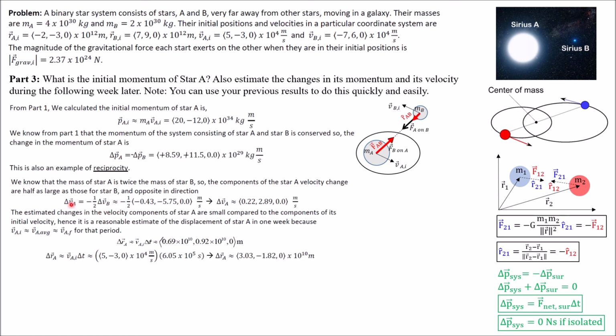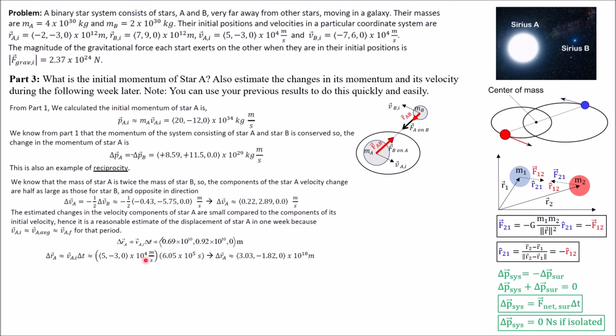And so the change in velocity of A is actually going to be negative but half the change in velocity of B. And so that's because if you look, the mass of A is twice as much as the mass of B. And so we have 4 times 10 to the 30th, and we have 2 times 10 to the 30th. And so when we work that out, we get a change in velocity of A to be this here in meters per second.